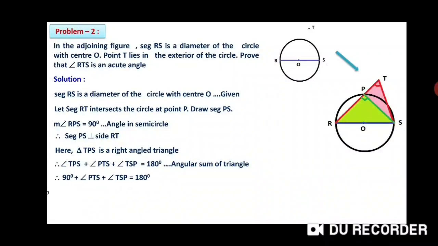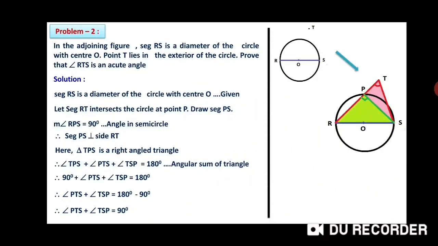Therefore, 90 plus angle PTS plus angle TSP is 180. Therefore, angle PTS plus angle TSP is 180 minus 90, that is 90. So, angle PTS plus angle TSP is 90. Friends, therefore angle PTS must be less than 90.